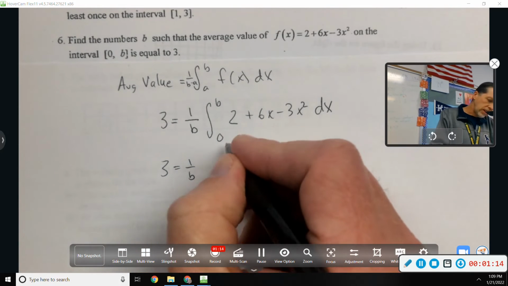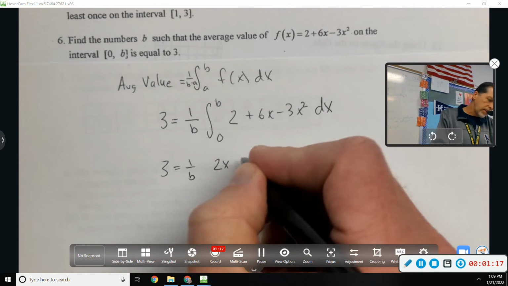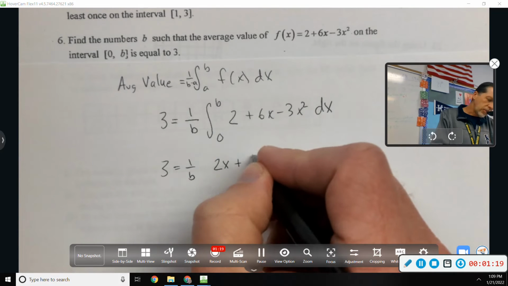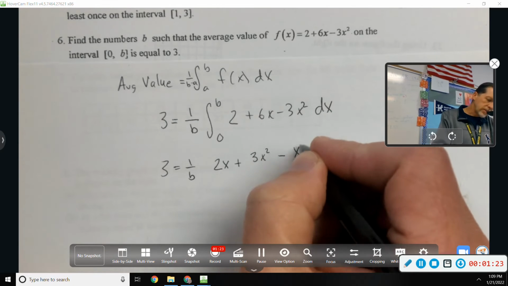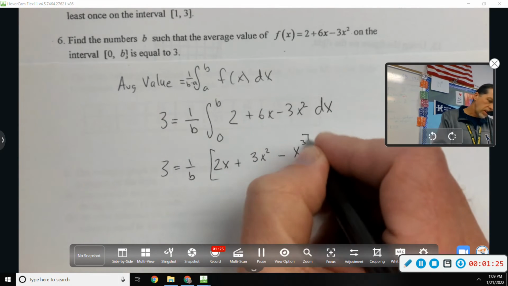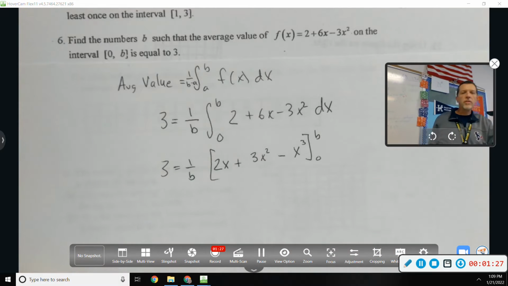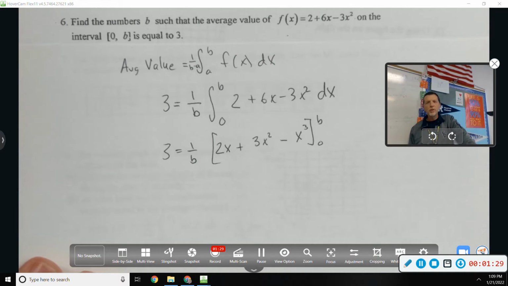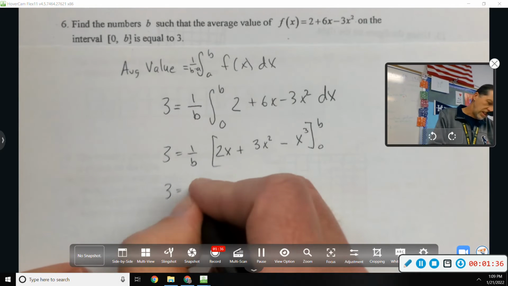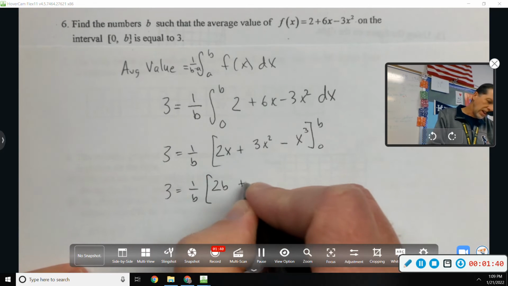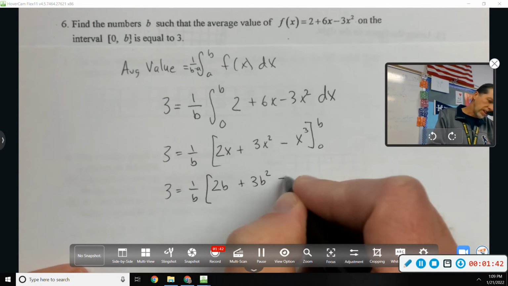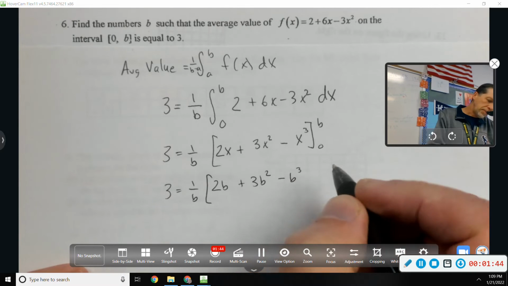So let's see, the integral of 2 is 2x. The integral of 6x would be 3x squared. And the integral of 3x squared is x cubed. And we want to evaluate that from 0 to b. If I plug in b, I get 2b plus 3b squared minus b cubed.